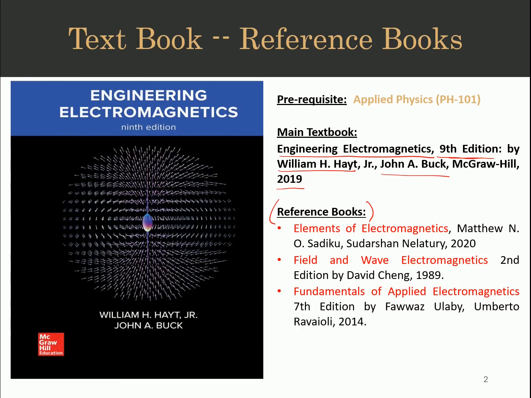Then we can also look into an old book, but a more in-depth one, by David Cheng, released in 1989. And if you want to understand the practical aspects or applied electromagnetics, you can look into the book by Fawwaz Ulaby, Fundamentals of Applied Electromagnetics, and this is the 2014 version of it. So these are the books that are going to help us understand various concepts in the field of electromagnetic theory.